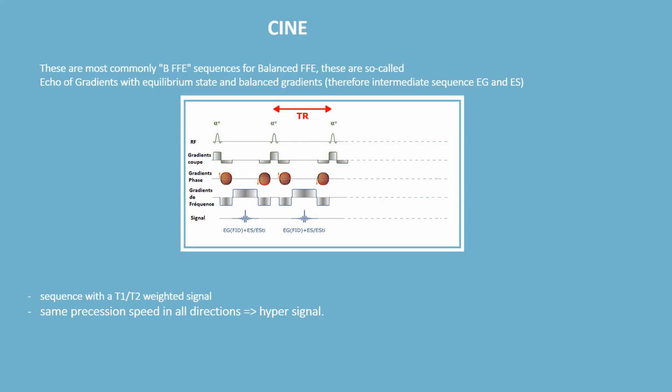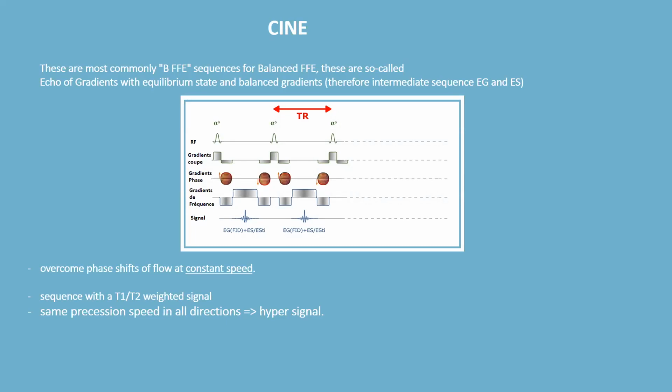When we have the same precession speed in all directions, we get an appropriate signal. It's very important to overcome the phase shift of the flow, for example, with a constant speed. The application of a balanced and asymmetrical gradient in the three directions of space makes it possible to overcome the phase shift of flow at a constant speed, like I said.